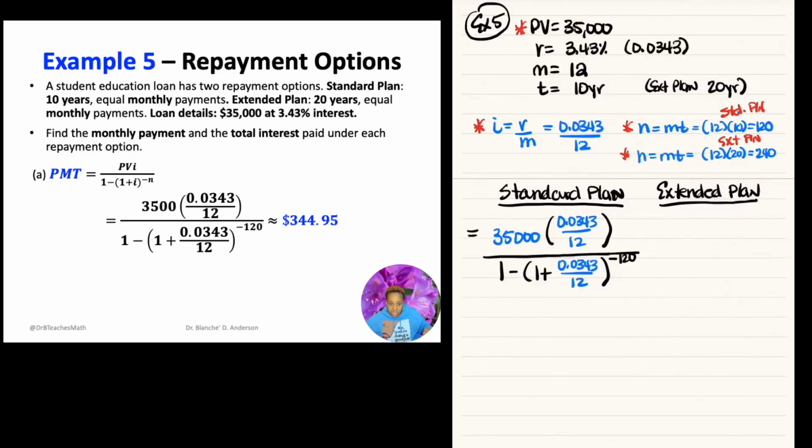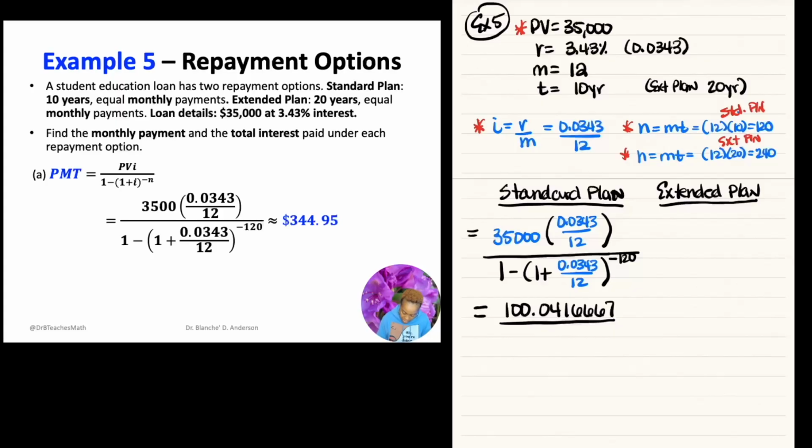I'm thinking I just typed it wrong, so I'm going to do the math really quick. I'm going to do the numerator first: 35,000 times 0.0343 divided by 12. Yeah, I just typed it wrong. 0.041667. And then I'm going to do the denominator.